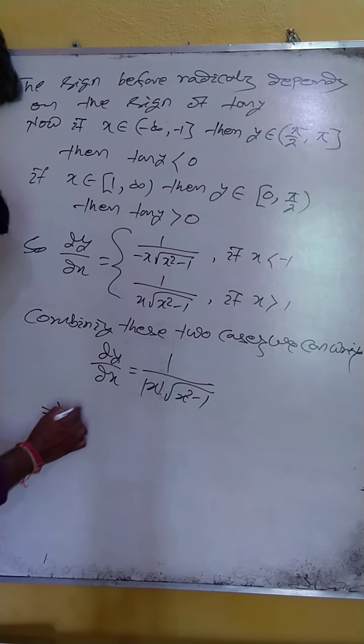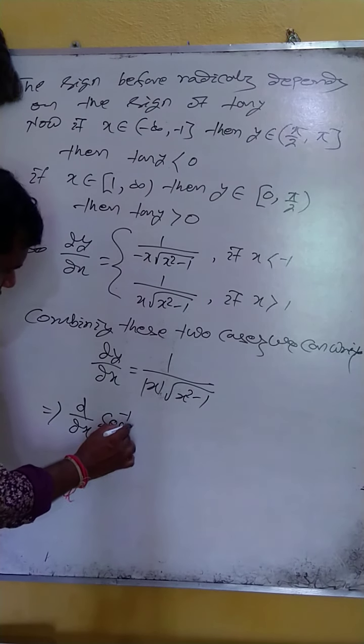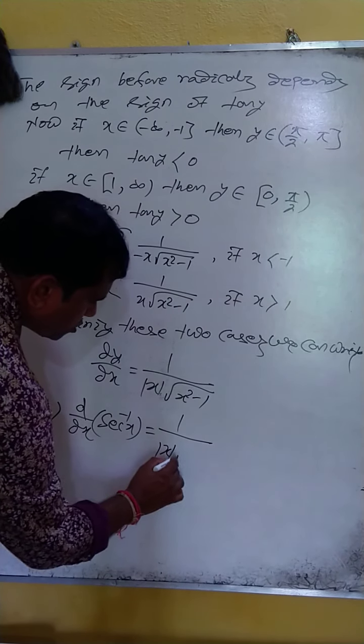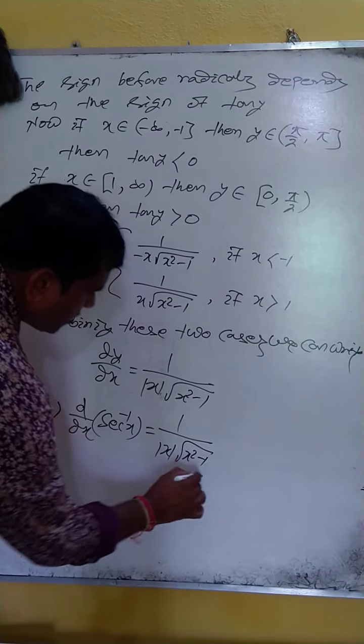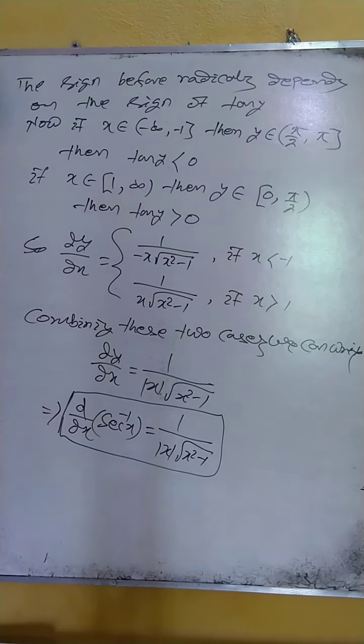That implies d by dx of sec inverse x is equal to 1 by mod x root over of x square minus 1. That is the derivative of sec inverse x.